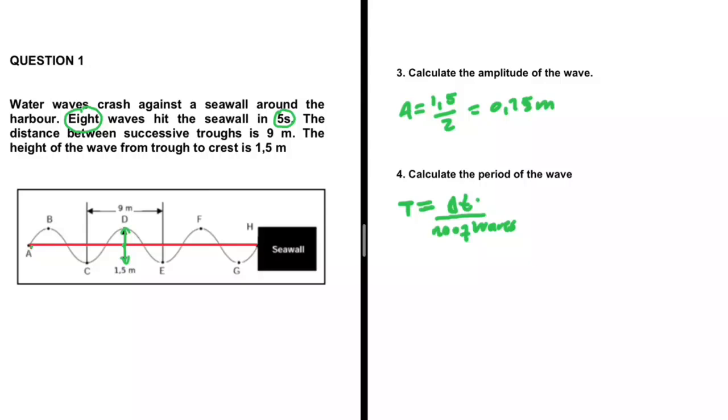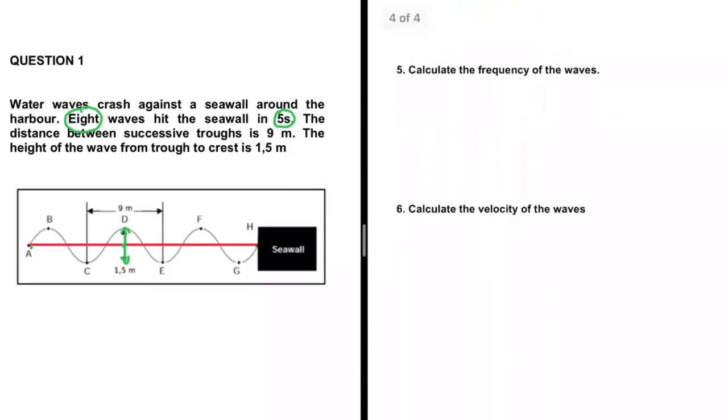If we divide the total time by the total number of waves, we're going to find how much time it takes to complete one wave. So T will be equal to, the time is 5 seconds and the number of waves is 8. And I'm getting 0.625 seconds. So there we go. We have the period of the wave.